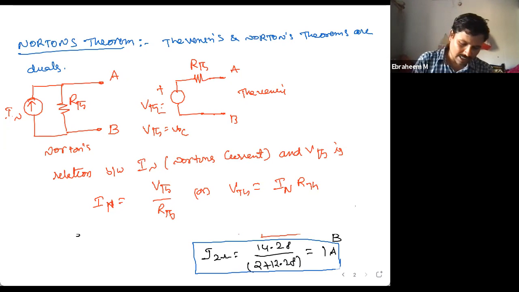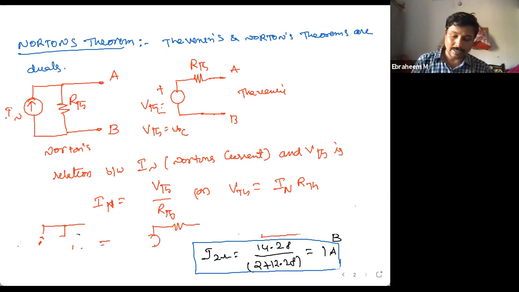You can convert a current source with its internal resistance Ri into a voltage source in series with its internal resistance Ri.